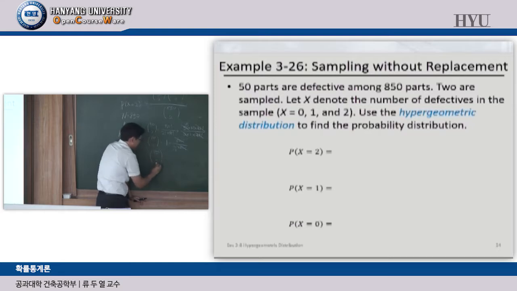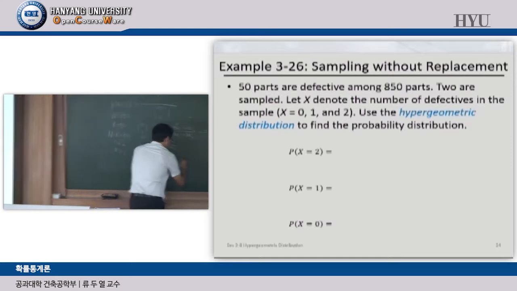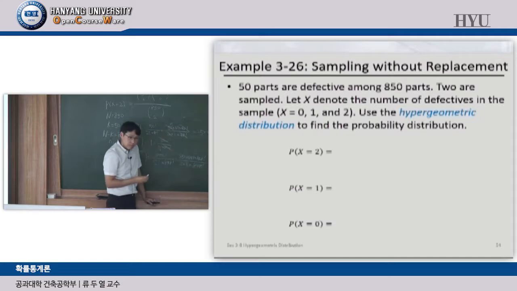And what is 850 choose 2? That equals 850 factorial over 2 factorial multiplied by 848 factorial. That can be 850 multiplied by 849 multiplied by 848 factorial over 2 multiplied by 1 multiplied by 848 factorial.